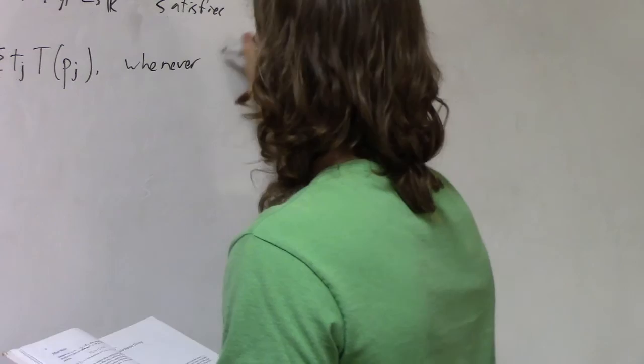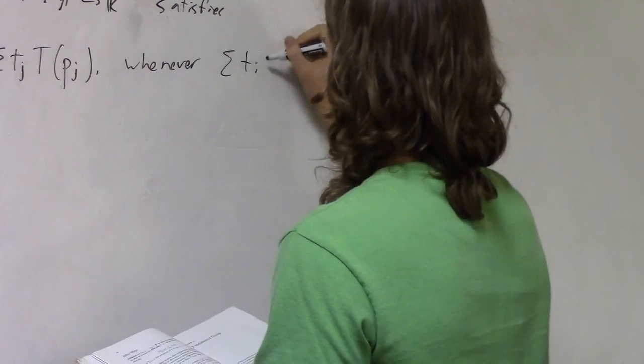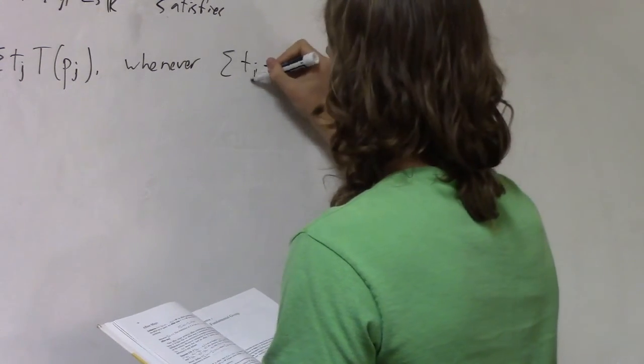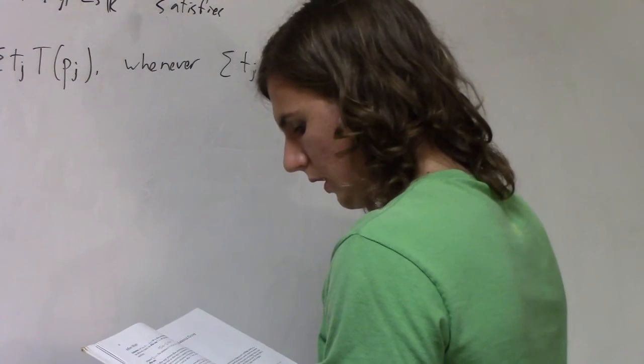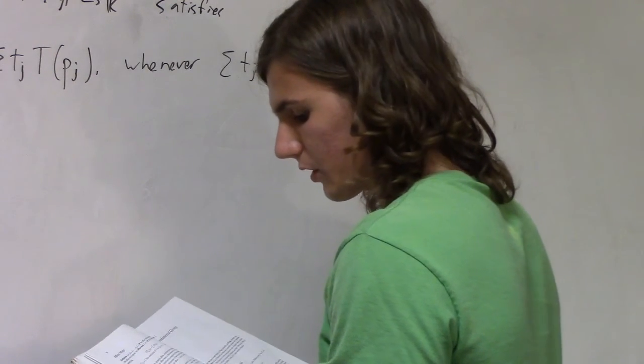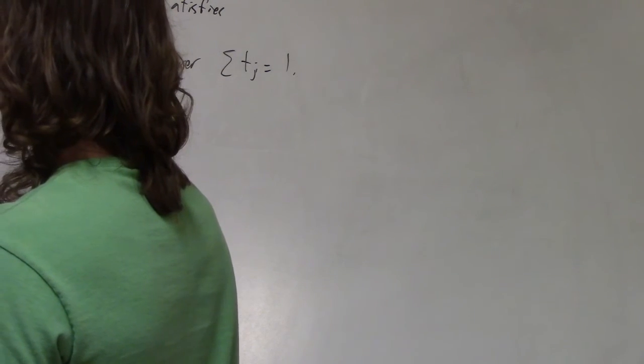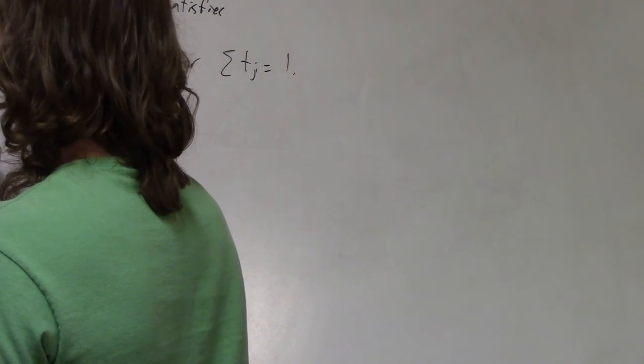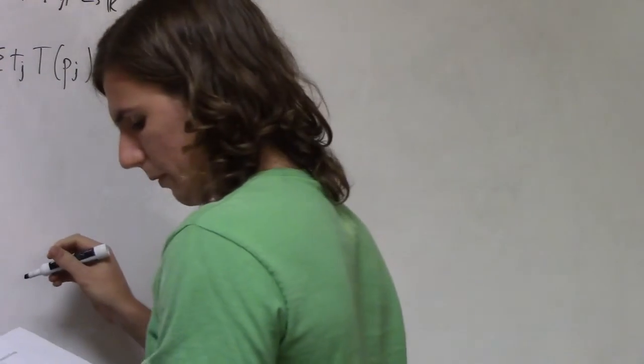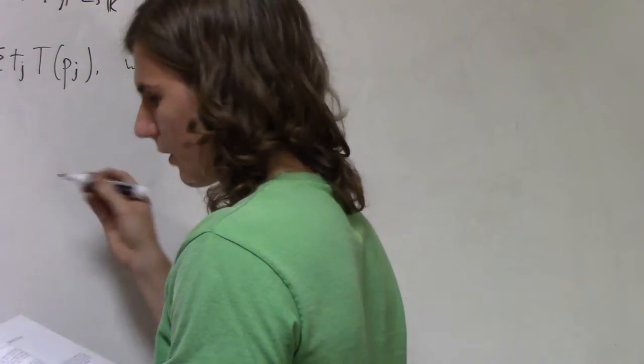And the restriction of T to the m-simplex spanned by its points is also called an affine map.